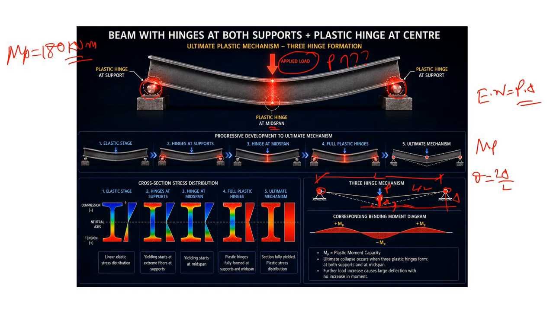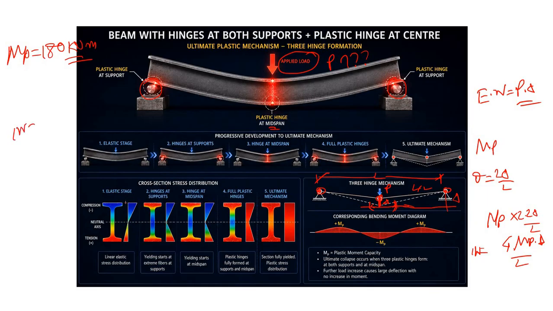Internal work done is simply MP moment times your theta, right? And total theta is this one and this one, that is 2 times 2 delta by L. So 4 MP delta by L, and this is internal work IW.